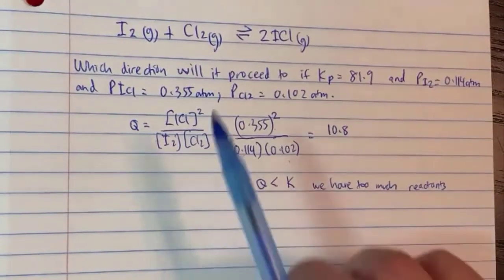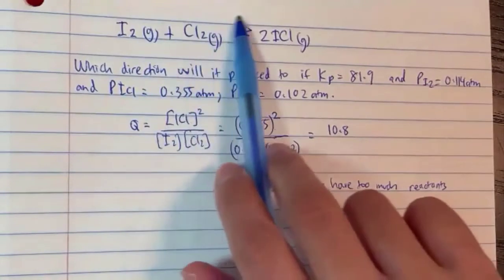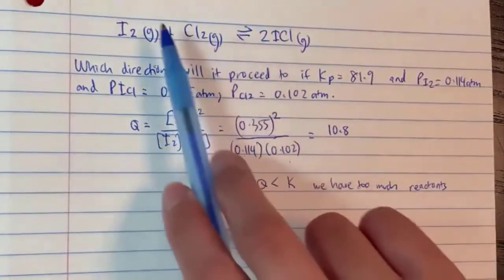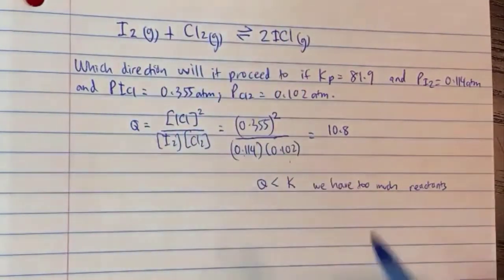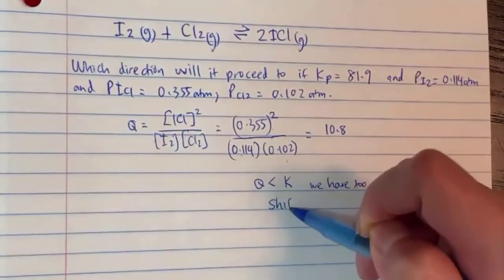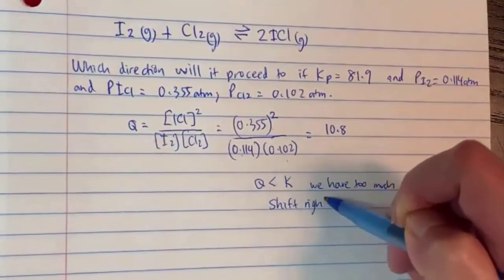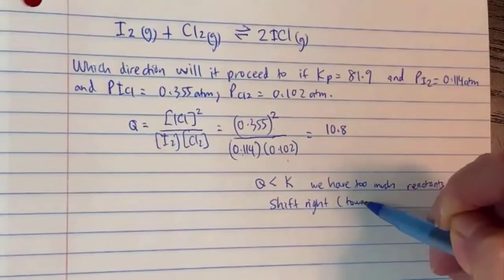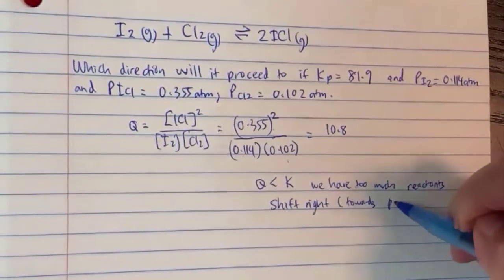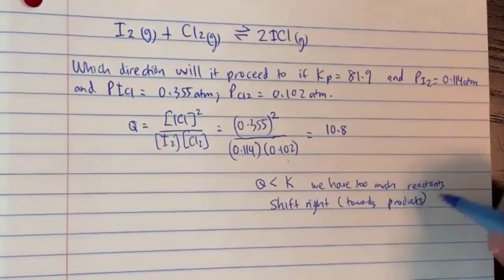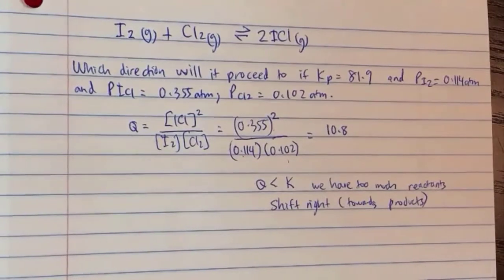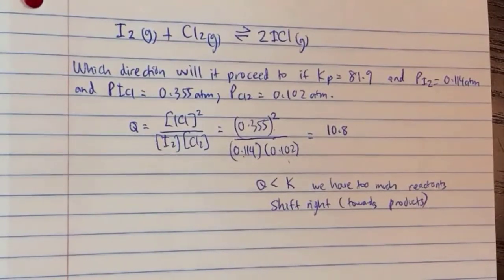It's going to shift to the right towards the product to reduce the reactants and increase the product. So it will shift right towards products.